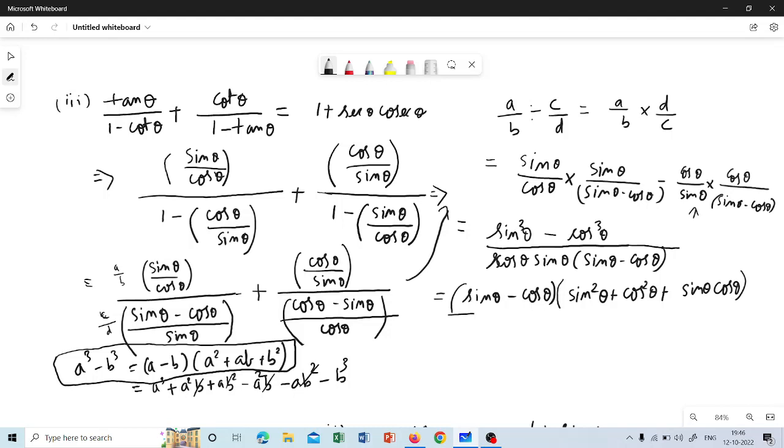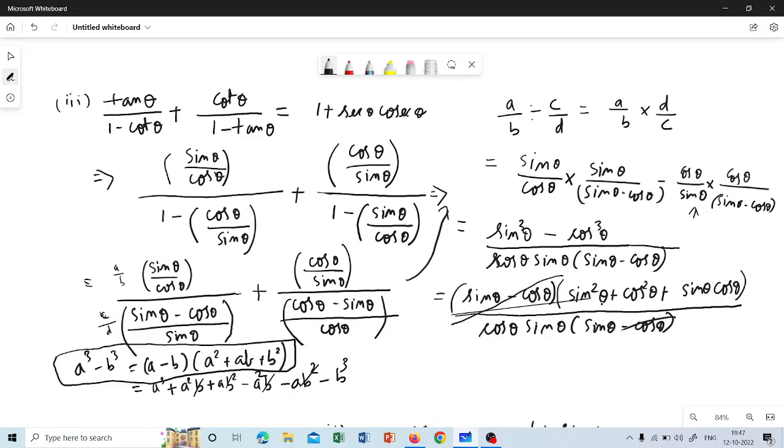So now I will cancel the numerator and denominator term. Cos theta sine theta into sine theta minus cos theta. So these both terms are cancelled.